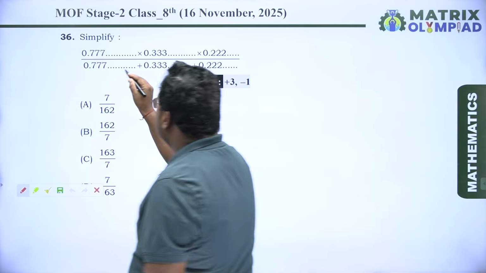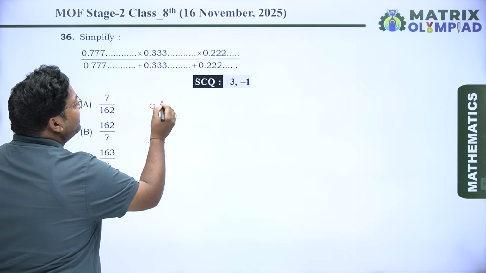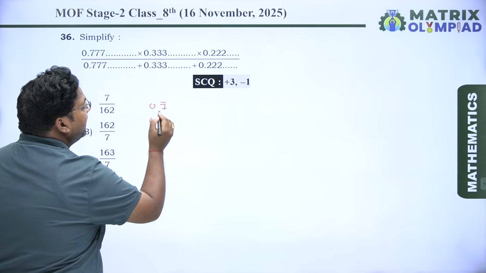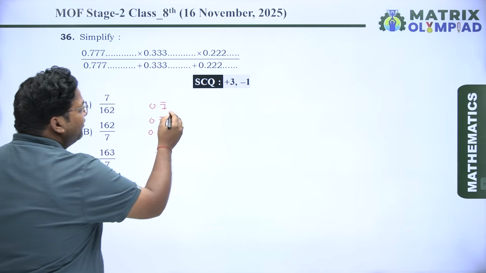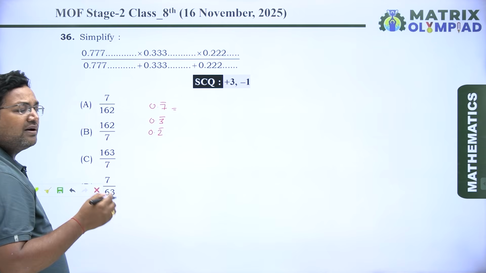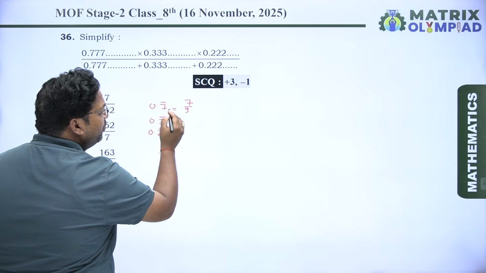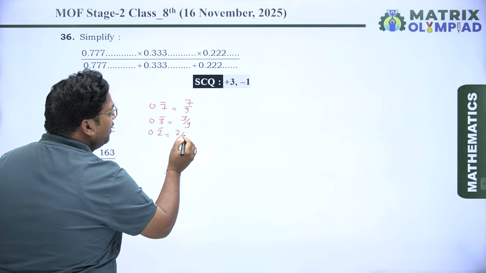So I have to write 0.777 equal to 0.7 bar. Similarly, I have to write 0.3 bar and 0.2 bar. And when we convert these numbers into rational numbers, 0.7 bar is 7 upon 9, 0.3 bar is 3 upon 9 and 0.2 bar is 2 upon 9.